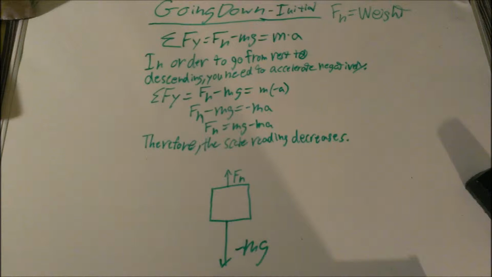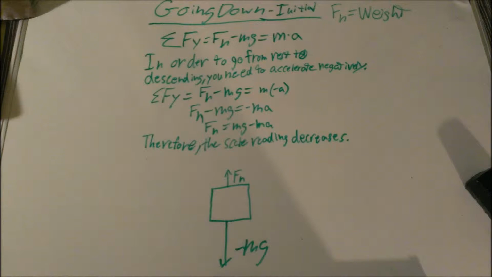And if we bring over the mg, Fn is equal to mg minus ma. And what the elevator displays is Fn, not mg. mg is your weight on Earth, but it displays Fn. And in this case, mg is getting smaller because of the negative acceleration.